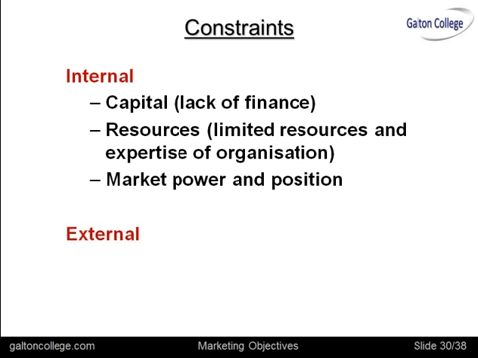There are also external ones. For example, when deriving the plan or setting up the plan or the objectives, it can't be done in isolation. If there are competitors in the field, if there are competitors in the market, their existence must be recognized and they will respond to any changes the company makes.